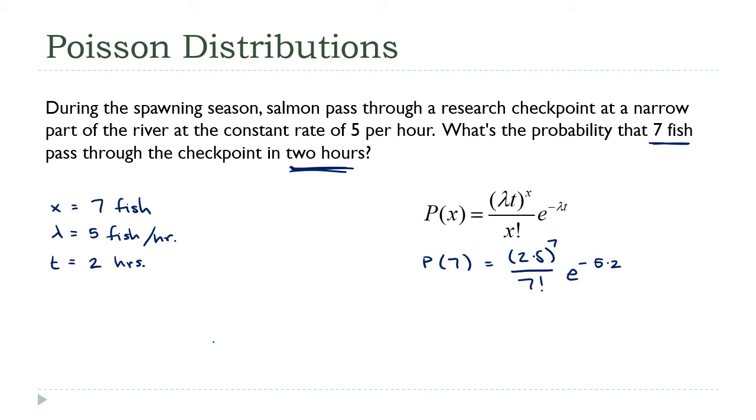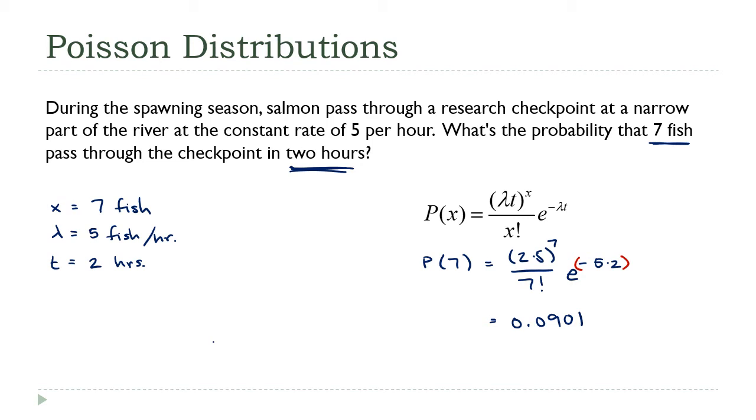Remember, you always want to be careful with your calculator. For example, it wouldn't hurt to throw parentheses here to make sure your calculator knows that the 2 is up in the exponent. But when you do your data entry, this should come out to 0.0901. About a 9% chance that we will see that many fish come through in a 2-hour period.